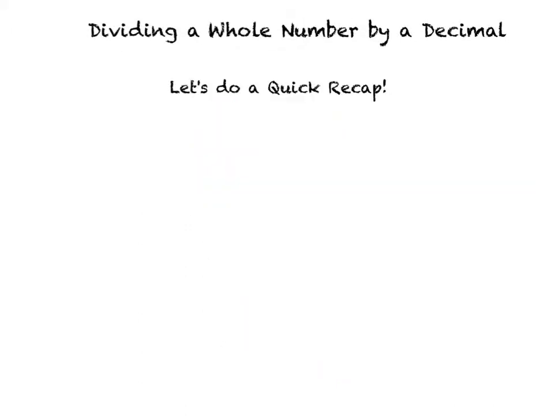So let's do a really quick recap on the steps that you need to follow in order to divide a whole number by a decimal. And remember, there are 3 simple steps. Step number 1 is to estimate. Make sure you round both of your numbers, your divisor and your dividend, and then estimate what the answer will be ahead of time.